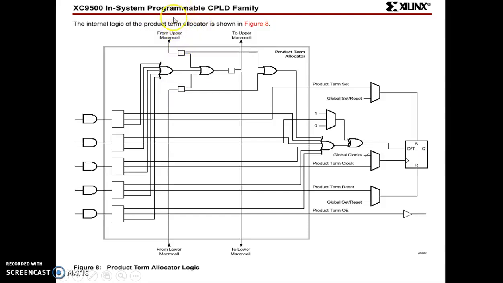The output from the upper macro cell or from the lower macro cell is also steered and given to the logic in this product term allocator. This input is available at the output of this D flip-flop after the proper process.